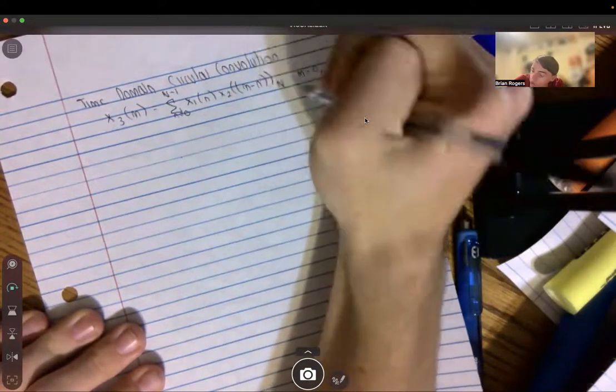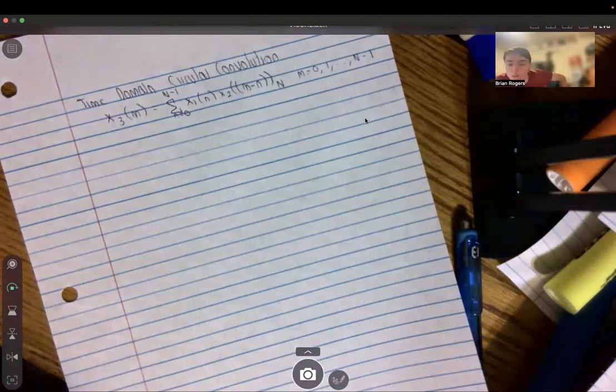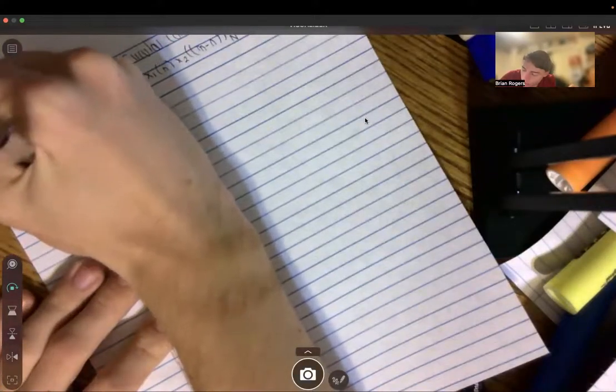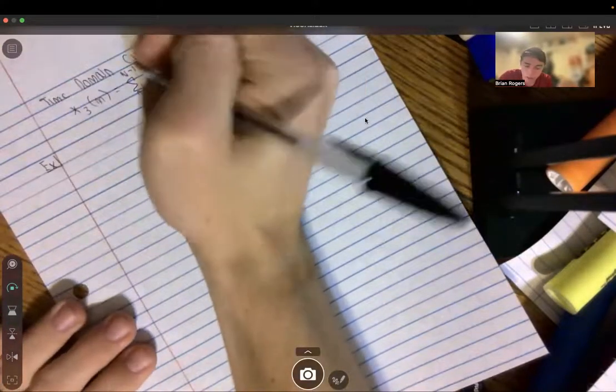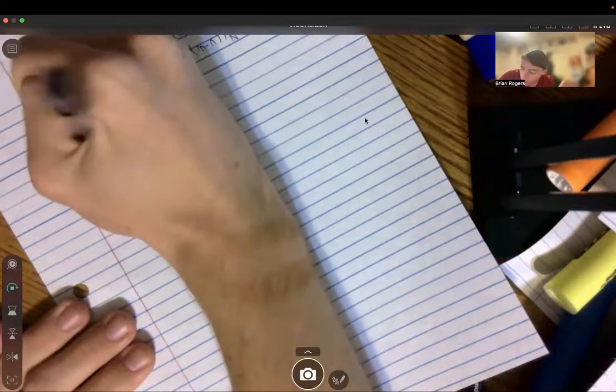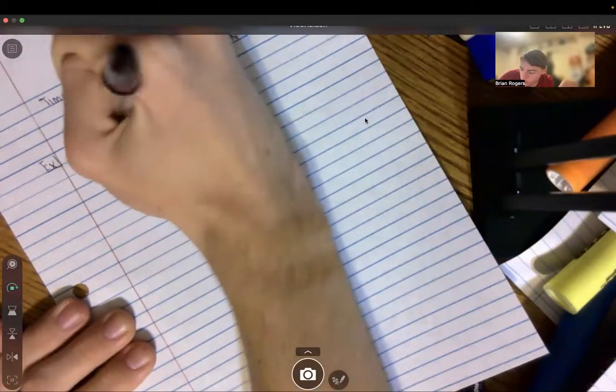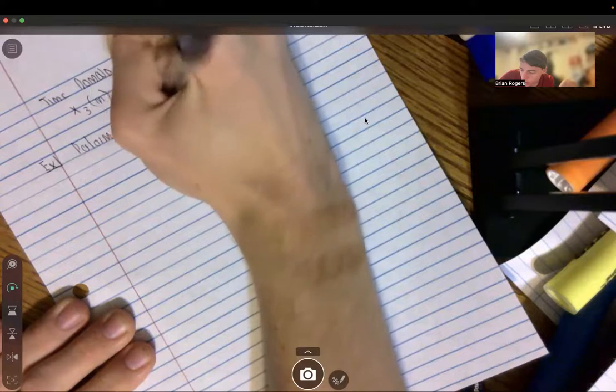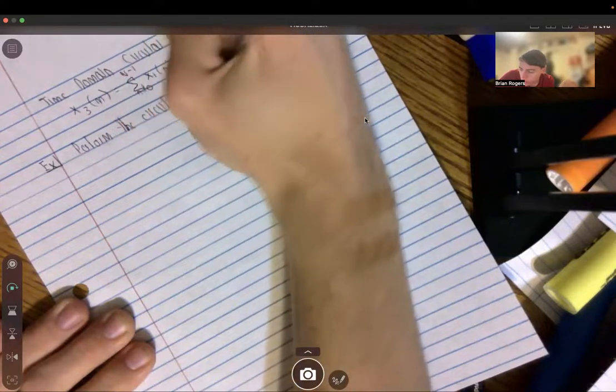This would be the circular convolution written in summation form. But for the example here, I think it's best explained if we just work through it. It says, perform the circular convolution of the 2 sequences.